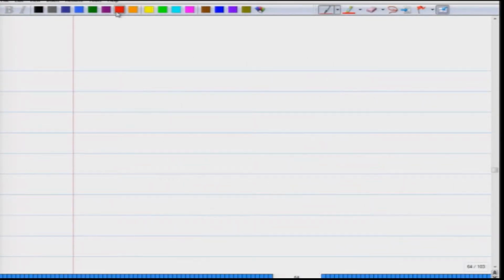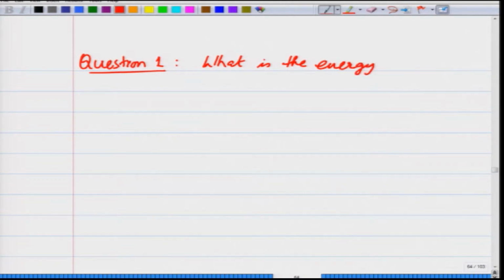So, question number 1. What is the energy of a hole? Remember, a hole corresponds to a missing electron. So, let us look at the band picture.